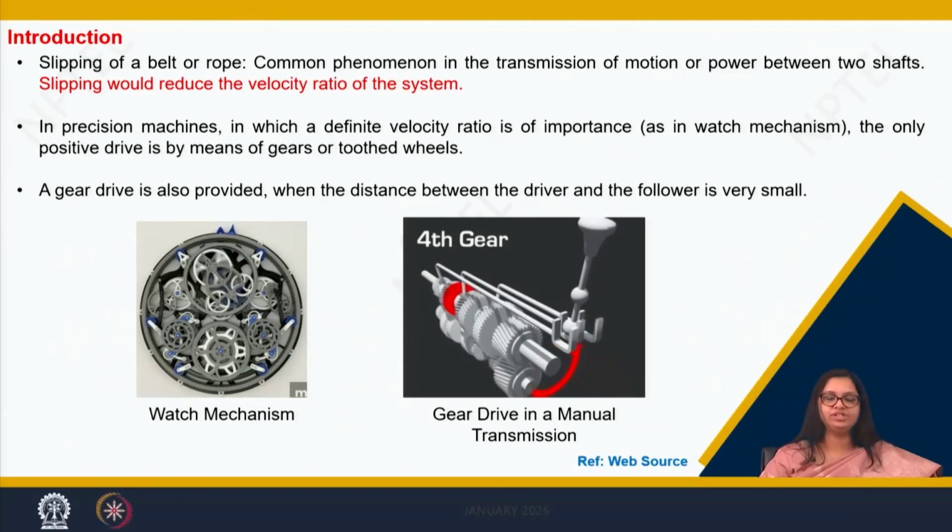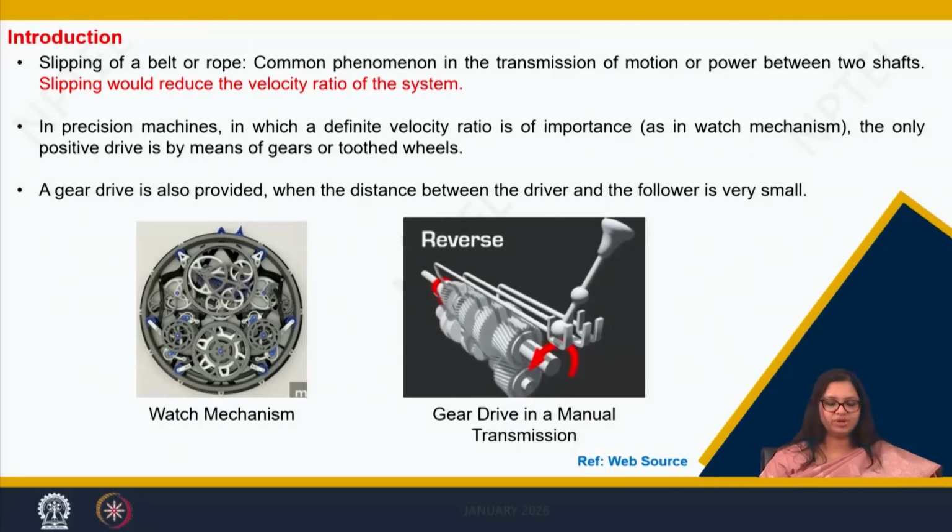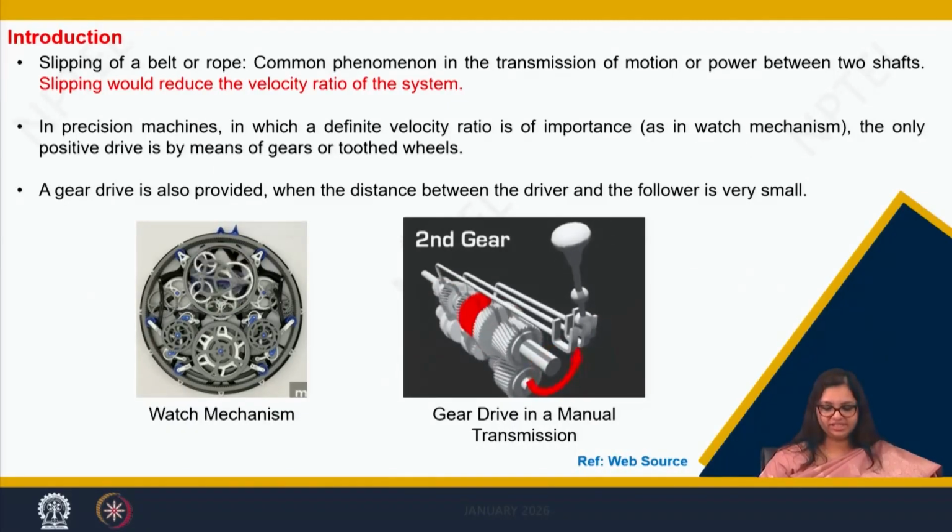Like, you have to reach somewhere at 4 p.m., you will reach there at 5 p.m. or you may reach early as well, depending on where the slippage has happened. In order to avoid such conditions, we use another mechanism for power transmission, which is the toothed gears. Now let us understand what these toothed gears are.